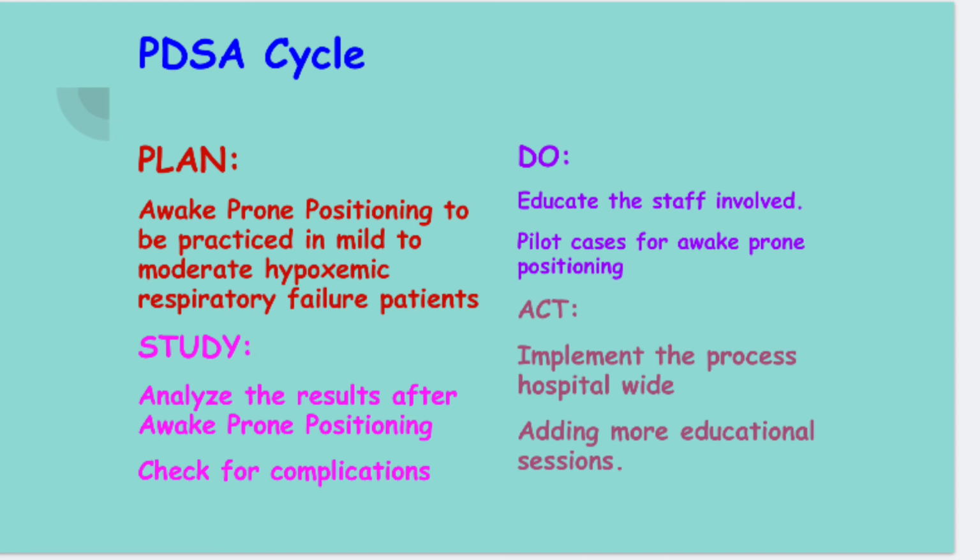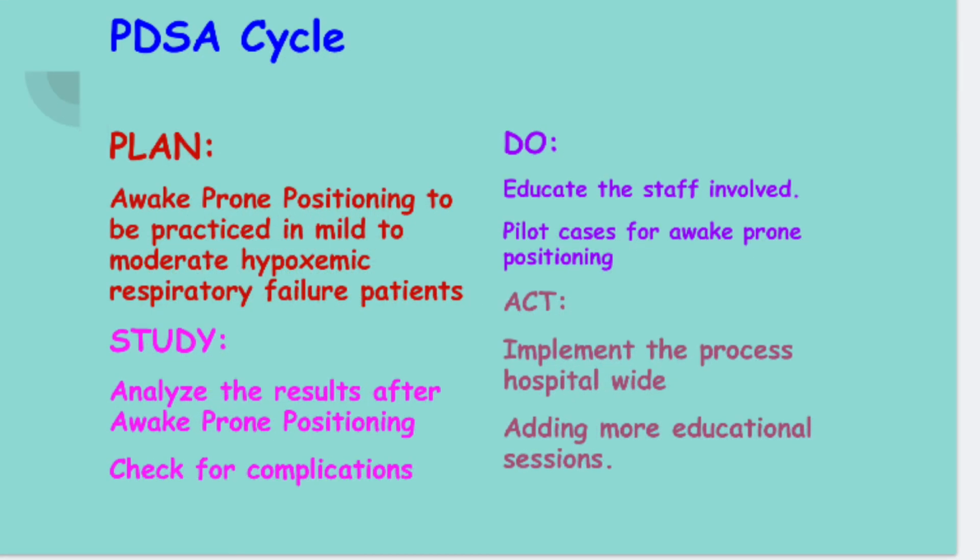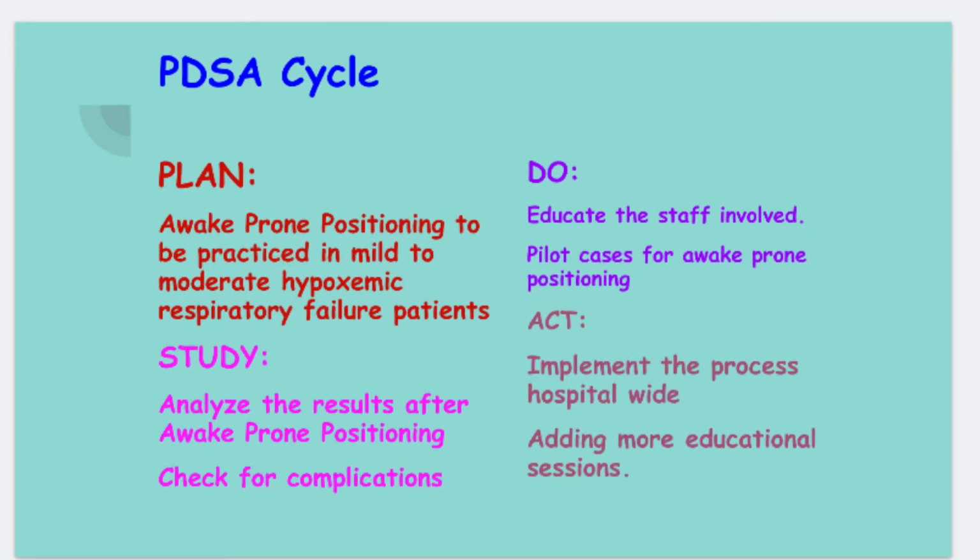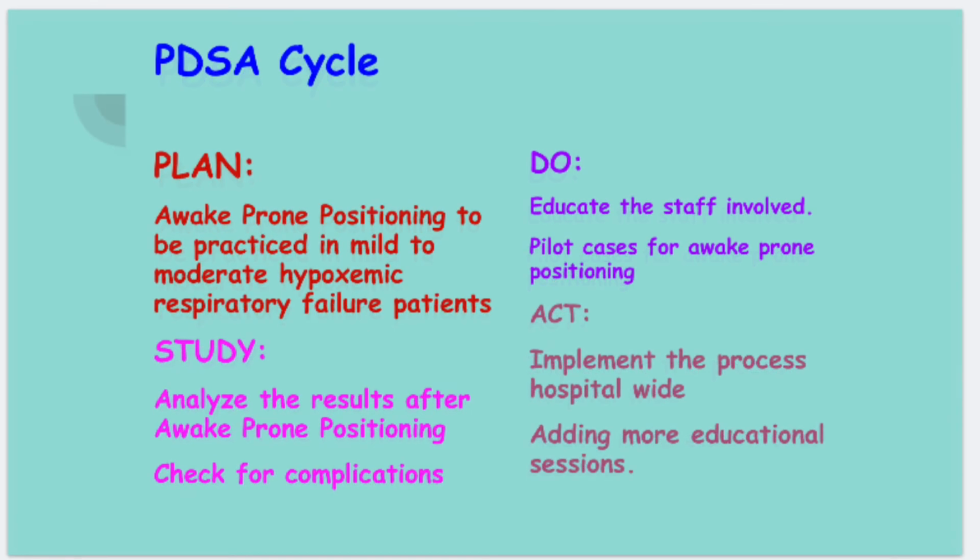And finally, we have to incorporate the awake-prone positioning care initiative to the PDSA cycle. Our plan is for awake-prone positioning to be practiced in all COVID patients with mild to moderate ARDS. In order to implement this program, we have to educate the staff involved, conduct a pilot case for awake-prone positioning.